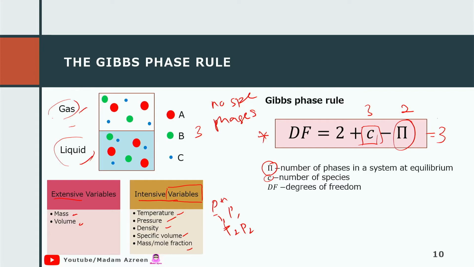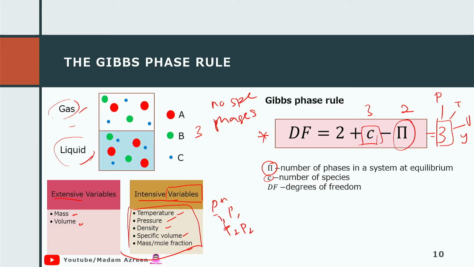So what does this 3 mean? This 3 means you have to specify 3 values of intensive variables, for example pressure, temperature, and it could also be the specific volume or mole fraction.